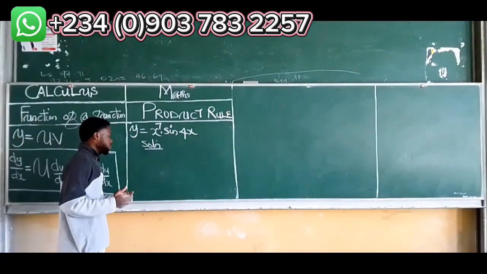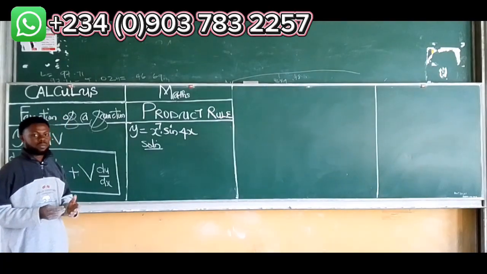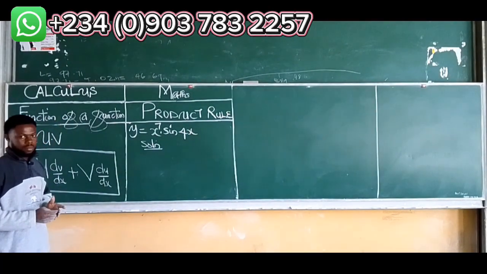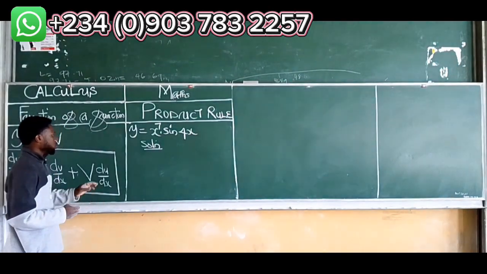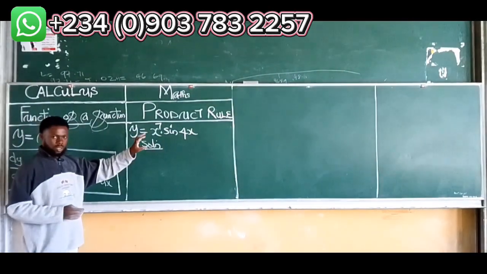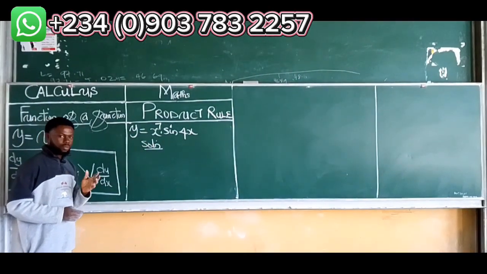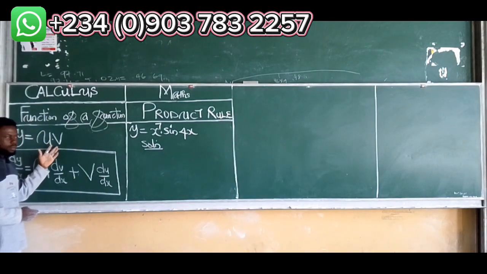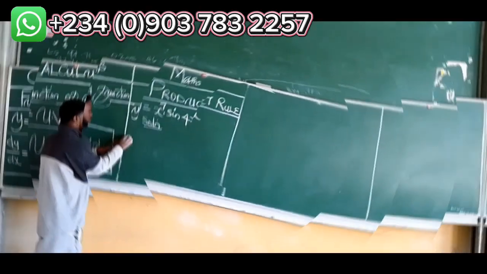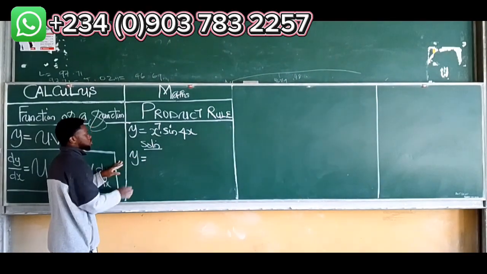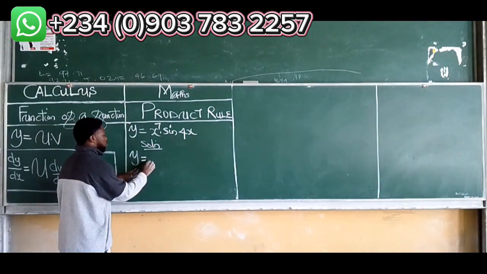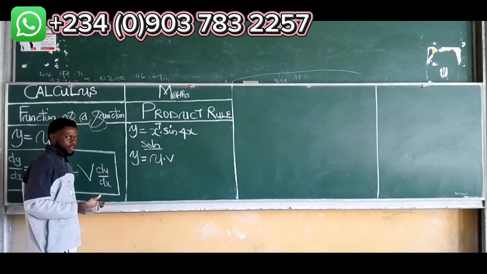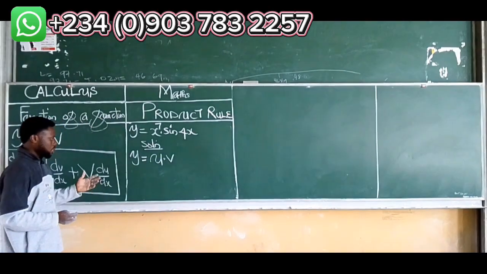So the first thing that must be done when we are talking about a product rule is that we must represent the set of functions or equation given in the form of u times v. So y is equal to u times v.